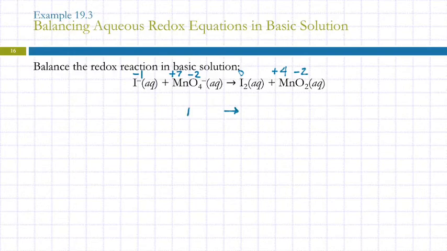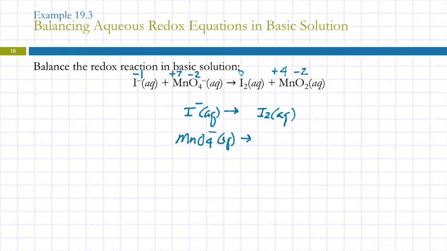So half reactions, we've got our I- going to I2, and we've got our permanganate going to MnO2.